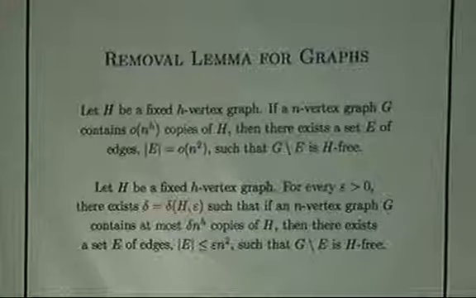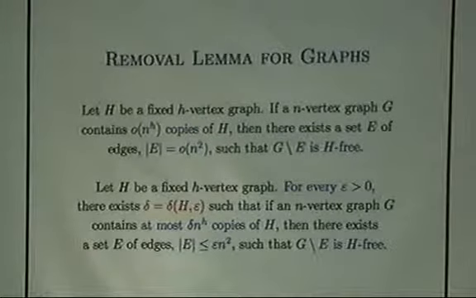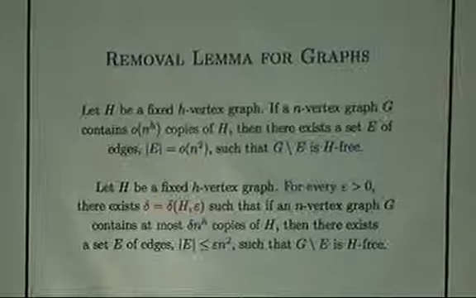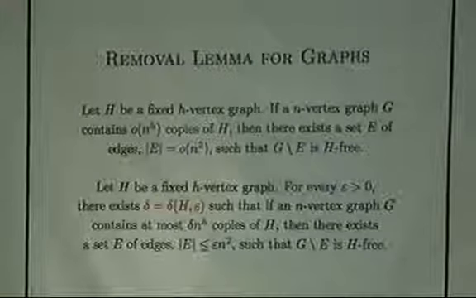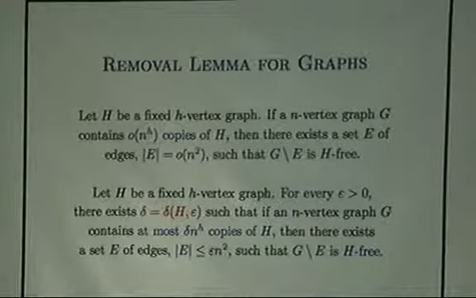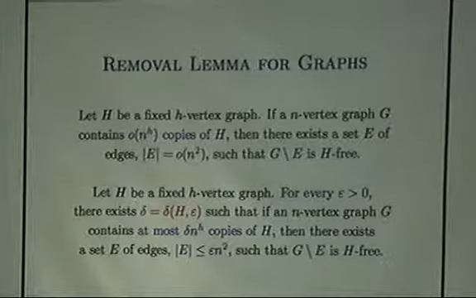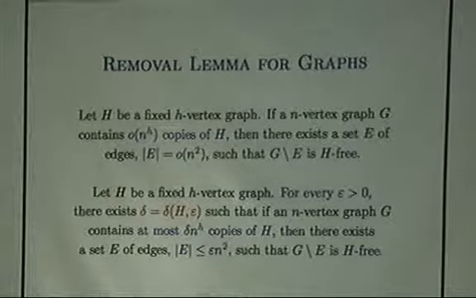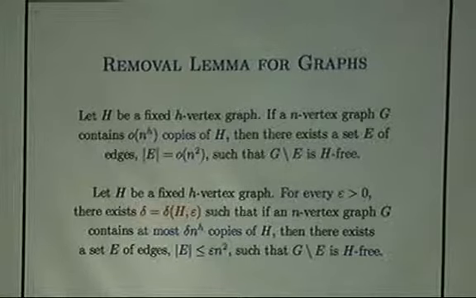So maybe let me meditate a little bit over this exponent of this small h and this 2. If you have a graph H on small h vertices, the maximum number of copies of your graph H that you can hope to have in your big graph G is of order n to the h. Because simply, if you're really lucky, on every h-tuple of vertices you will find a copy of your graph H. So the lemma says, if the number of copies is asymptotically smaller than the maximum number of copies you can hope for, then you can remove few edges, and few is again like the number of edges in your graph is at most n choose 2.